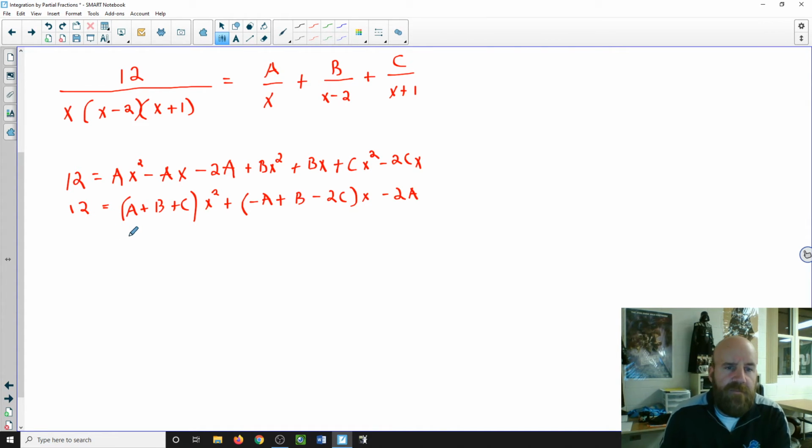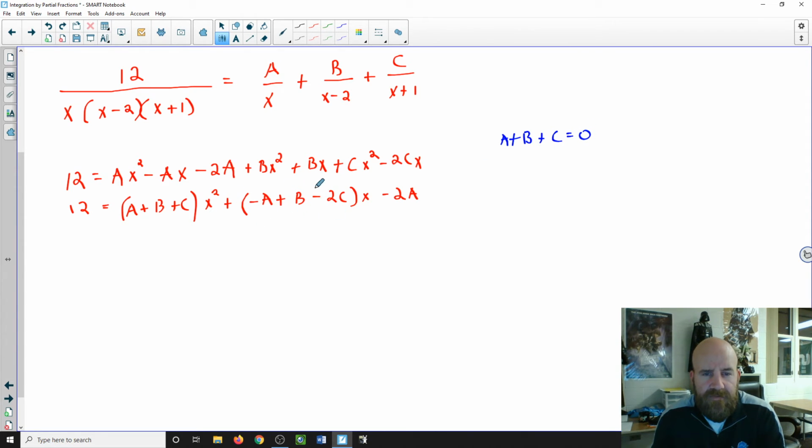Okay, so this one's different because we have an x squared term, we had 3 fractions, and it's a little different because we don't have any x's over here, we just have a constant value. So when we're setting up our equation, we're looking for an x squared. The number in front of x squared is a plus b plus c. The number over here in front of x squared, well, there is no x squared, and so we would put 0. So we have a 0x squared over here. So when we're writing out our system of equations, we have a plus b plus c equals 0.